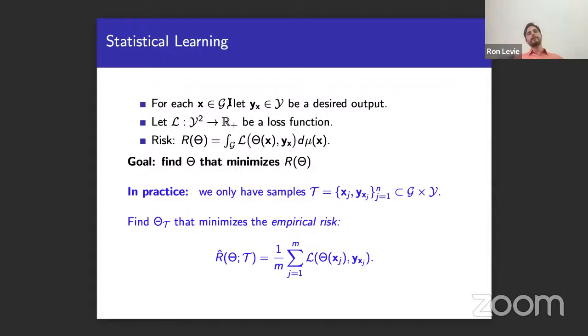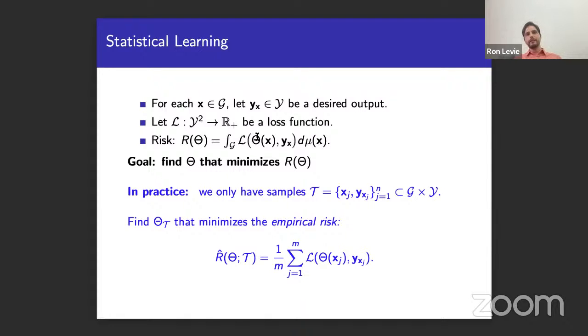So usually in statistical learning, we think about the data as living in some probability space, right? So we have the probability distribution of the inputs. And let's suppose that for each input, namely for each graph signal, there is a ground truth output. For example, if I do classification. So we define a loss that takes two points in the output space and tells me how similar they are. And the risk is defined to be the expected loss.